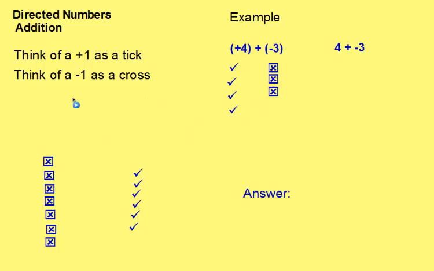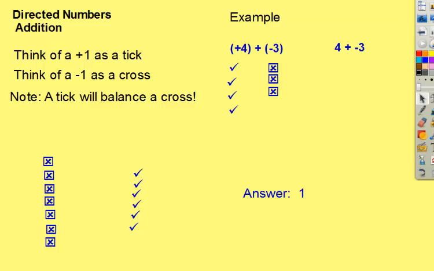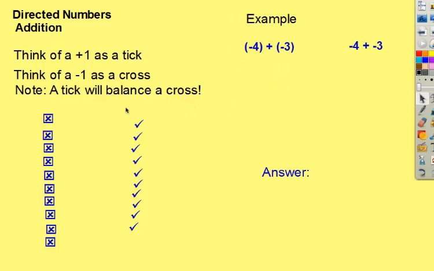Now, I didn't reveal it, but a tick balances a cross. So this balances this, balances this, balances this, and then if you think about it, what do you have left? 1 tick, in other words, positive 1. So the answer is positive 1. There we go.